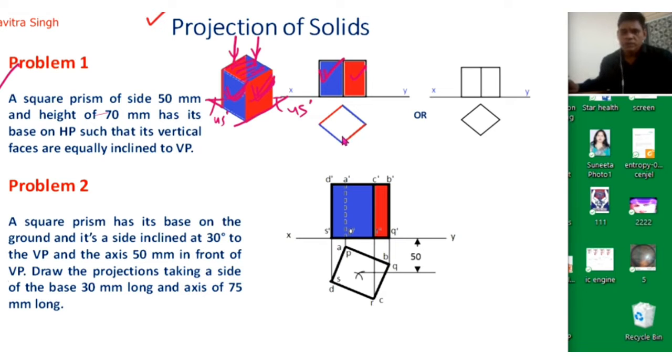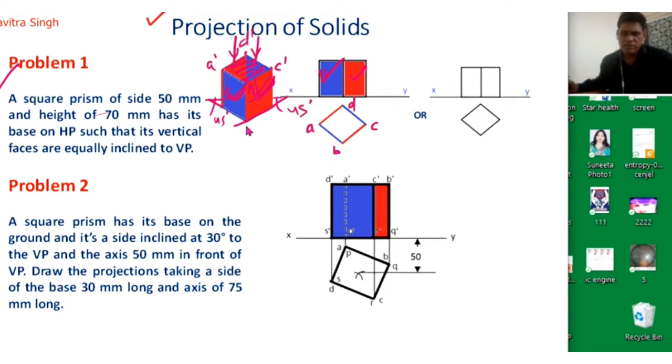Suppose this is point A dash, this is B dash, this is point C dash, and this is point D dash. So you can see this will be A, B, C, and D. Similarly, this is the base surface.